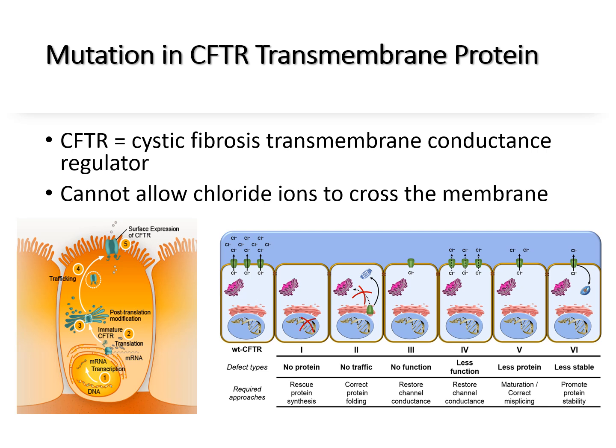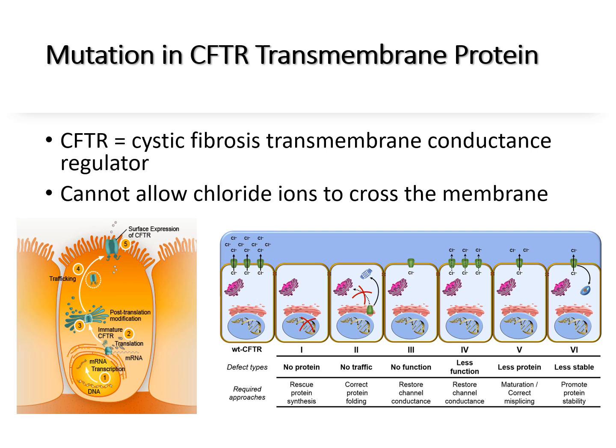So here's an example in real life of what can go wrong if you don't have a transport protein that's necessary for diffusion. People with cystic fibrosis have a mutation in the CFTR transmembrane protein. CFTR stands for cystic fibrosis transmembrane conductance regulator.